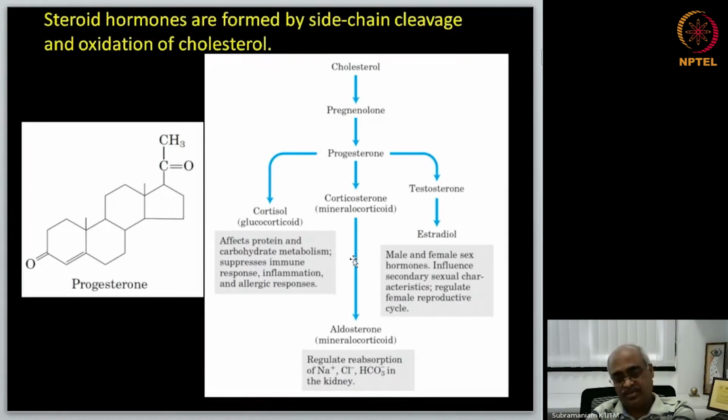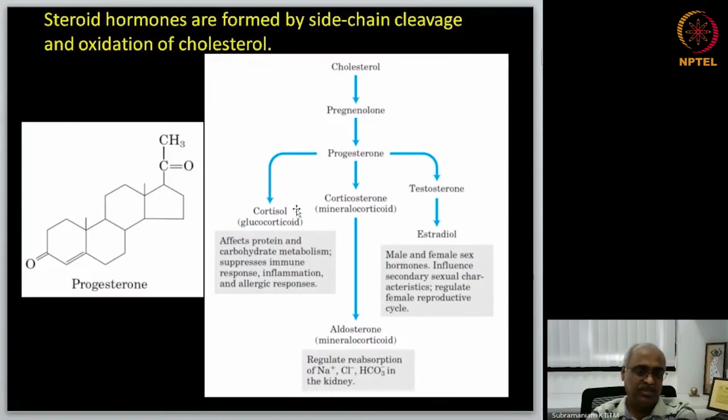And another adrenal cortex steroid hormone is this corticosterone version, mineralocorticoids. One of the important mineralocorticoids is aldosterone. What it does is it regulates the uptake of salts in the kidney, reabsorption in the kidney. Therefore this hormone regulates electrolyte balance, which is again very critical.